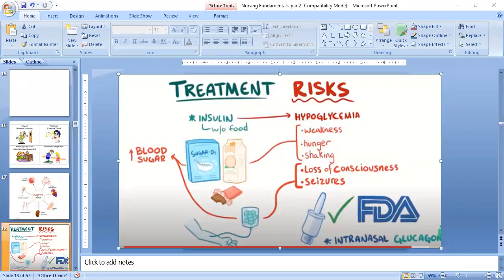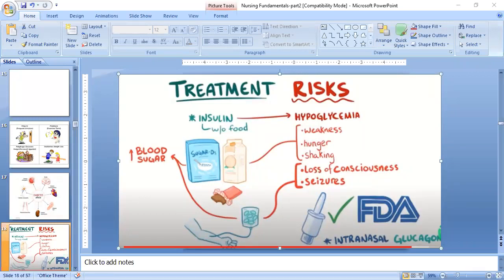Always, when mixing insulin, draw up the clear before the cloudy. When we withdraw the insulin, always draw the clear or short-acting insulin first, then go for the cloudy or long-acting insulin. We never mix the long-acting insulin with other insulin.